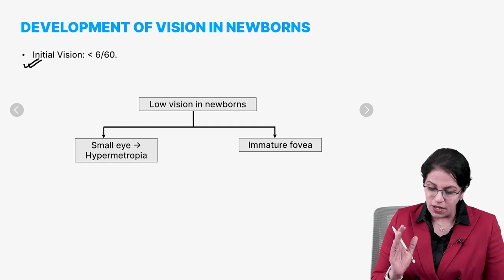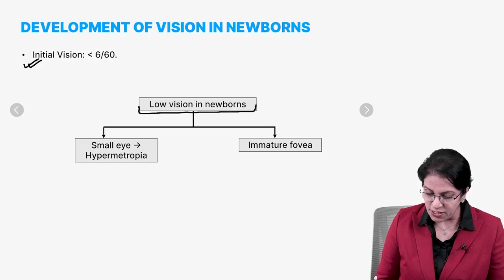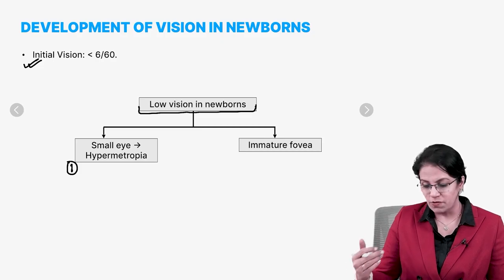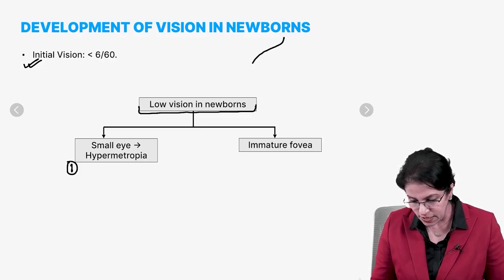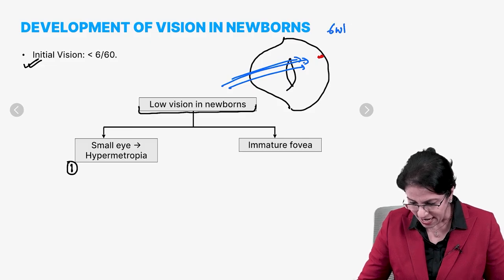Now, why does a newborn have low vision? There are two main reasons. One, I just said, is hypermetropia. And secondly, do you remember we talked about foveal reflex formation, which starts at 6 weeks? It only matures when light rays are falling on the fovea. The fovea gets the sensory stimulation, and therefore foveal reflex formation starts at 6 weeks and finishes by 5 to 6 months.